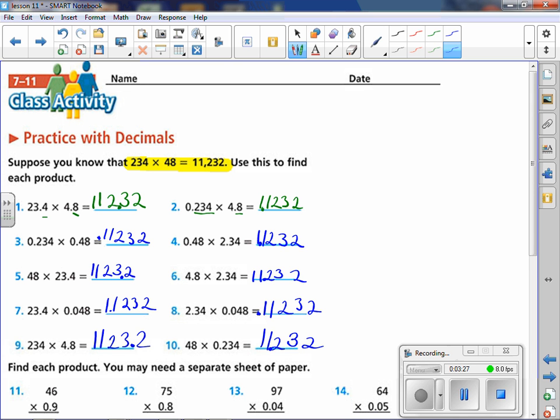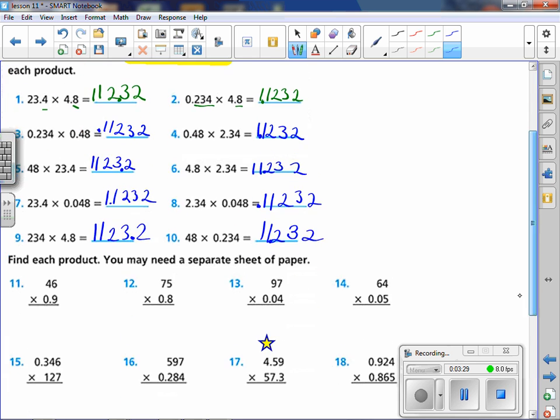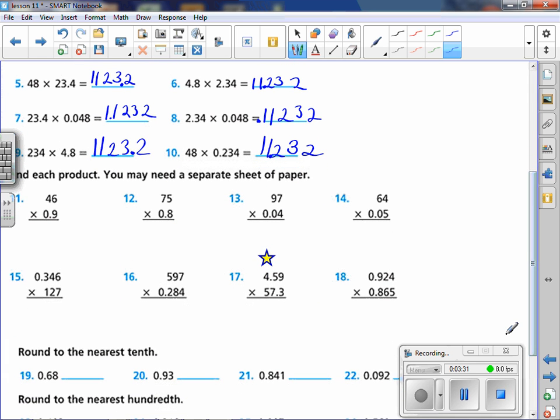right about there. Okay, so let's go down and think about some of these multiplication problems and just multiplying them through. I'm going to do a few together and then I'll let you guys finish some out on your own. 6 times 9 is 54. So I'm going to put my 4 down, carry my 5.